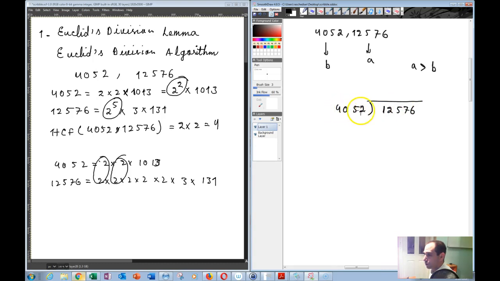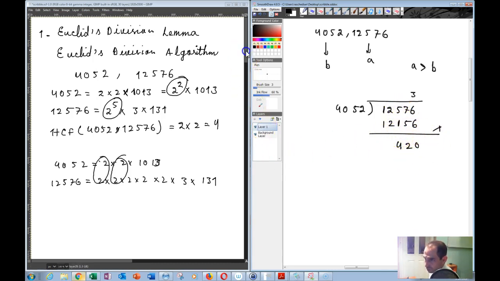3 times 4,052 is 12,156. So 3 times 2 is 6, 3 times 5 is 15, and so on. Subtracting gives you 420 here as a remainder.